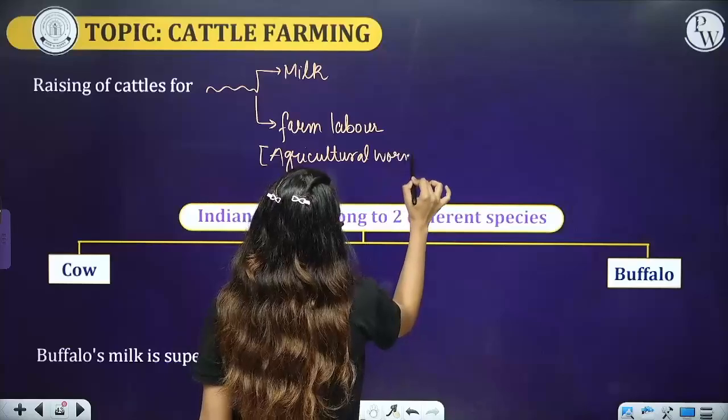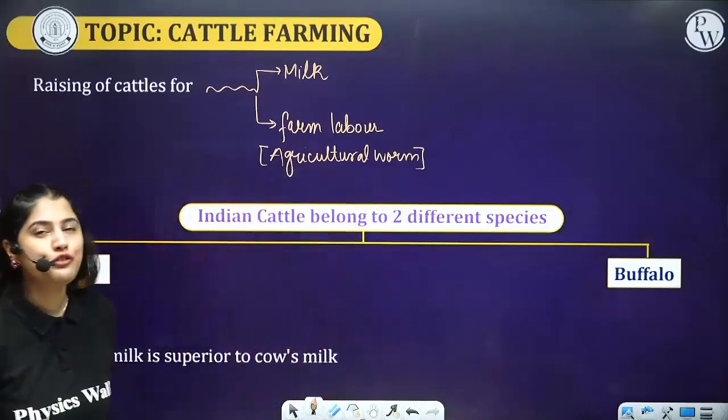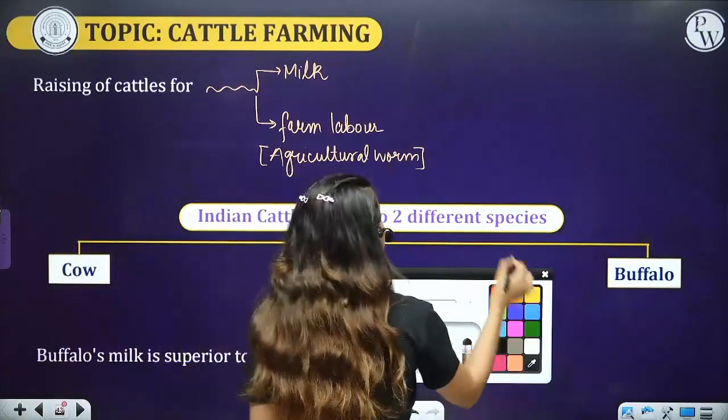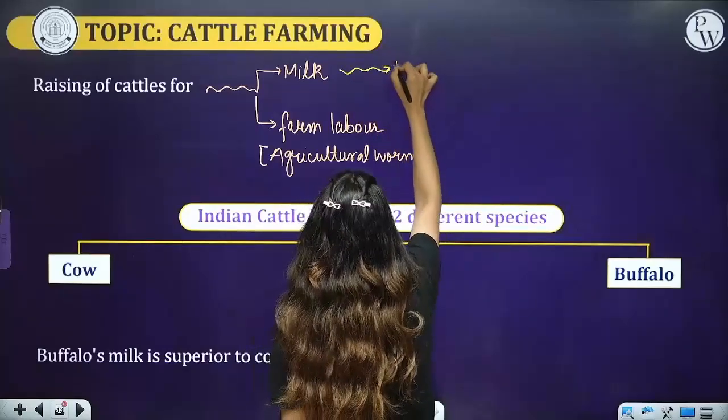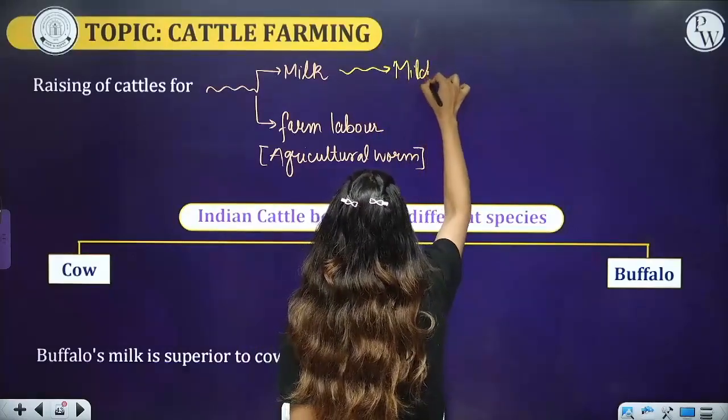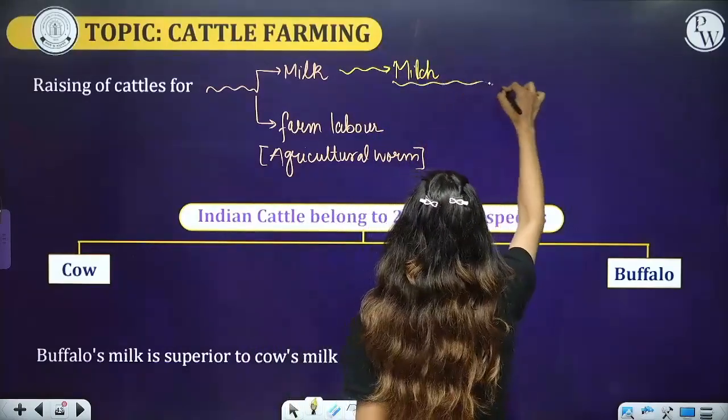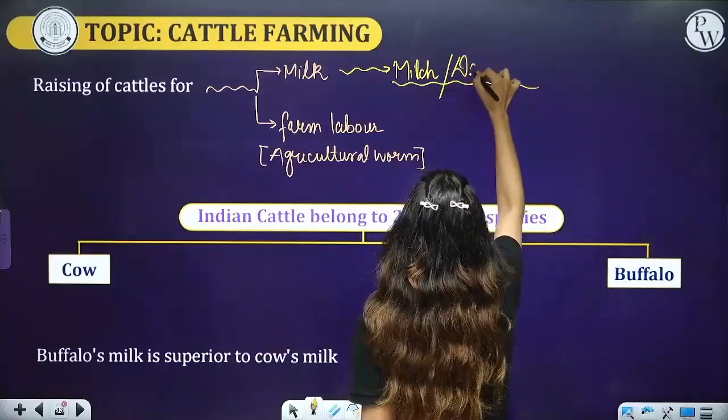The milk producing female cattle is called the milch or dairy animal.